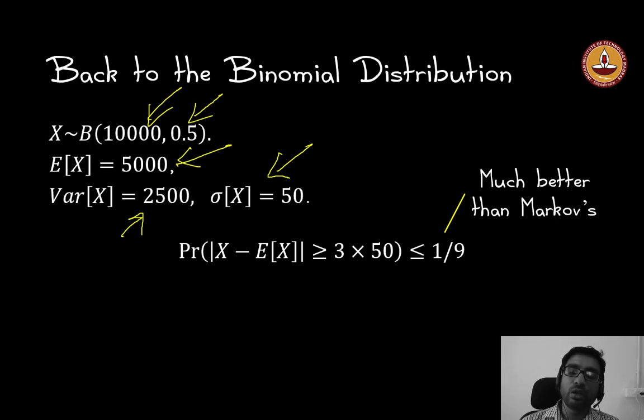If you work it out, this is going to turn out to be 1 over t squared. So t here is 3, and that's going to be 1 over 9. This is a much better, more accurate probability bound. Chebyshev's is clearly more powerful than Markov's in this context, but in a strange way, it's essentially Markov's applied in a more appropriate way, and that's exactly what Chebyshev's is.